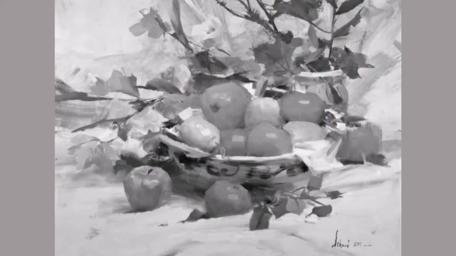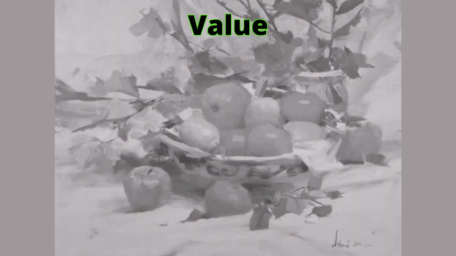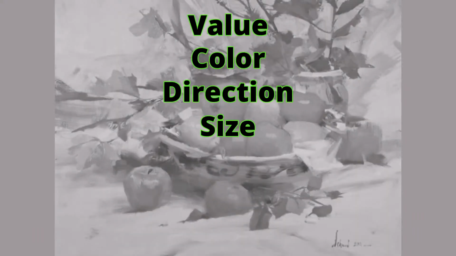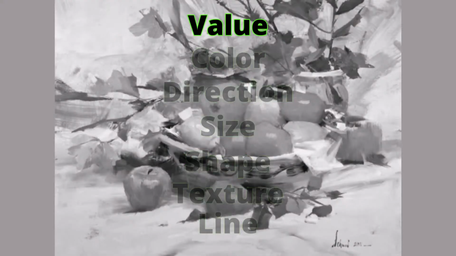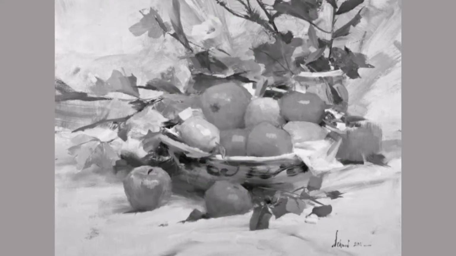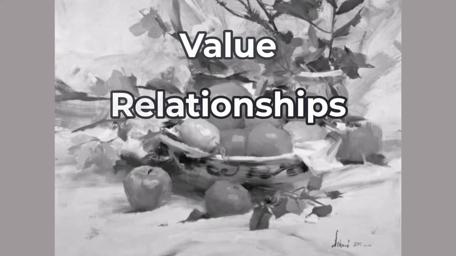Of all our visual elements, value, color, direction, size, shape, texture, line, value is the only one that doesn't depend upon any of the others in order to communicate visual images. So that's the major reason we pay close attention to the value relationships.